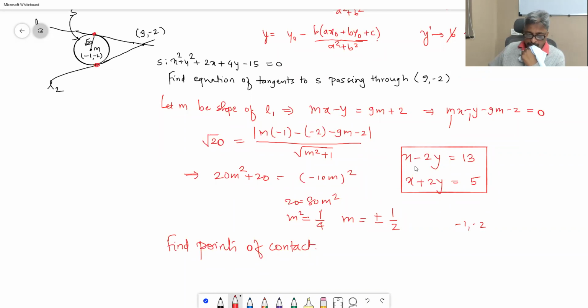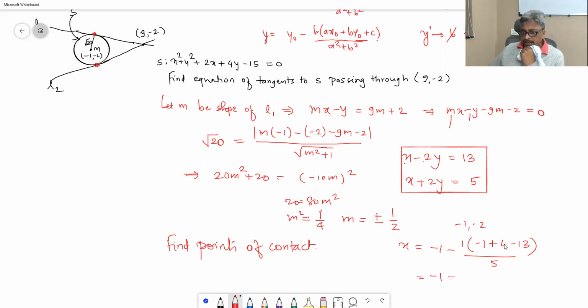Suppose I take the first line, then x is equal to x naught, that is minus 1 minus a. A is how much? 1. Inside bracket, minus 1 comma minus 2 to be put in this makes it minus 1 plus 4 minus 30 divided by 5. 1 plus 4 is 5. Is that right?